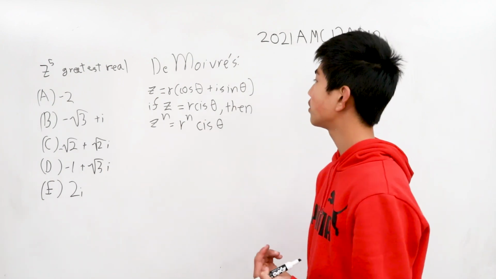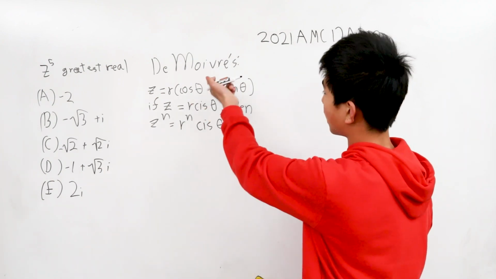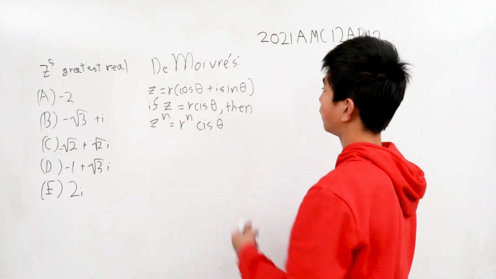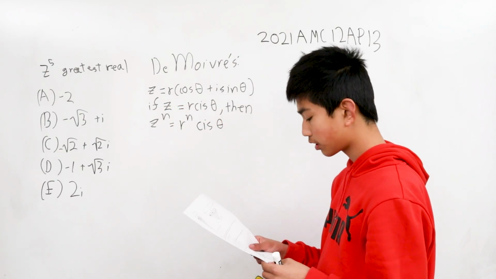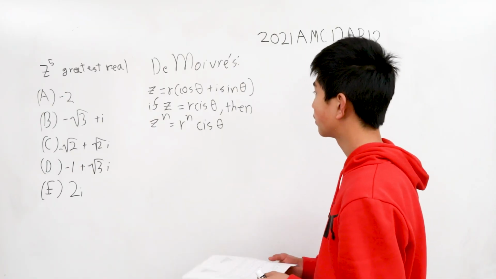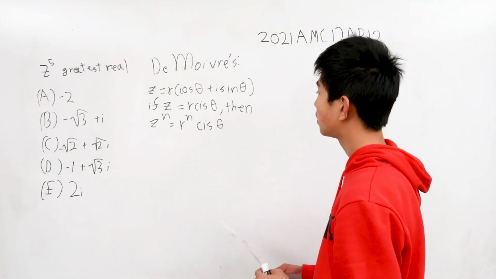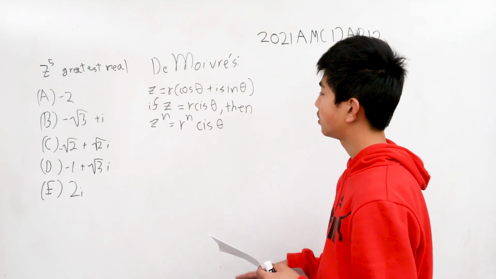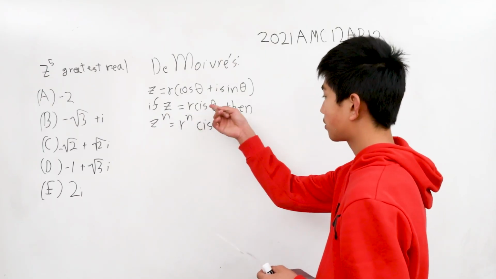So, for this problem, we want to use De Moivre's theorem. It states that a complex number z can be written as r times the sum of cosine of theta plus i sine of theta, which is r cis theta.